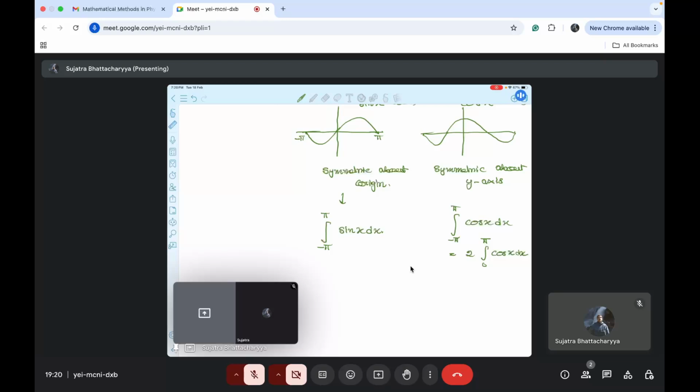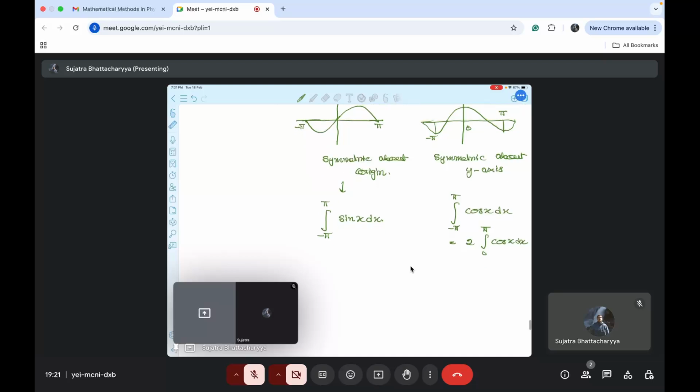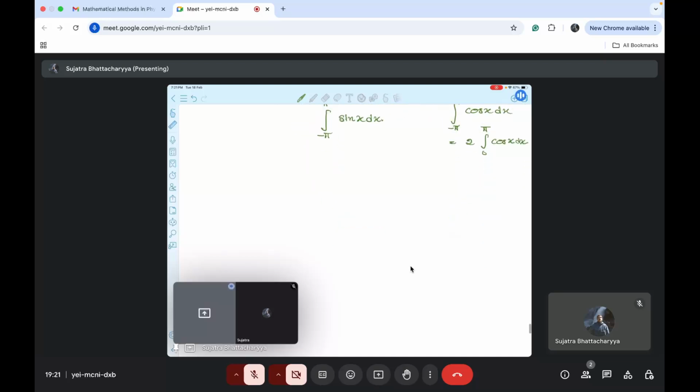So this is 0 and pi is here. This is how you can do the integration. This is all about the even and odd functions.